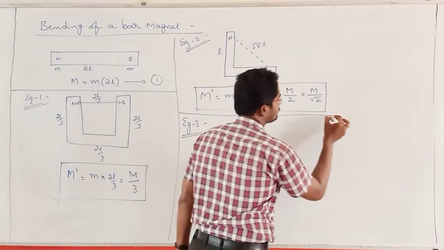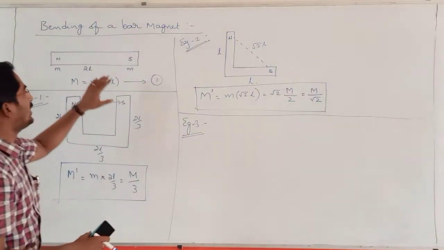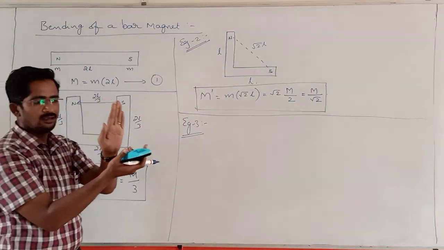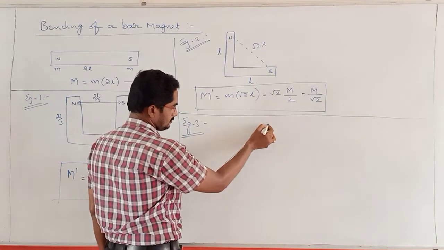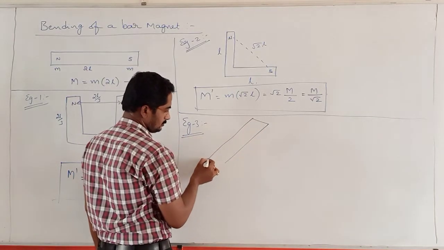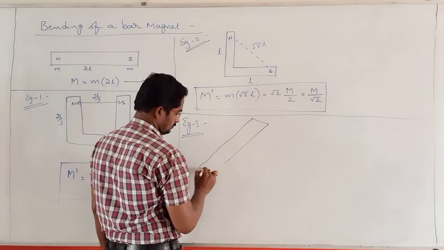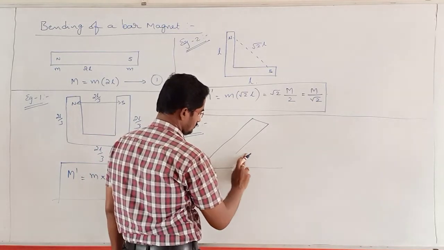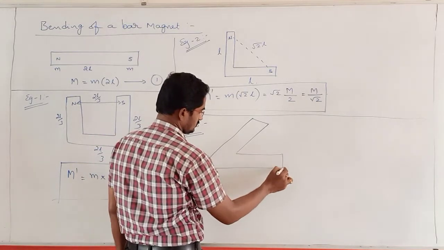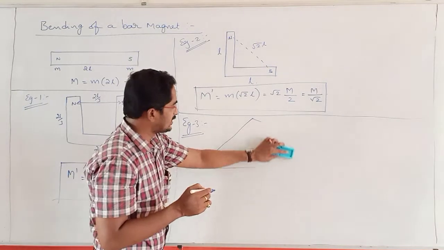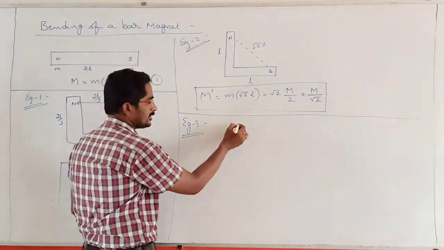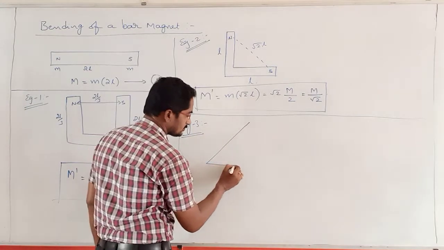Now see. The same magnet we are bending at some angle, like this. Whenever we bend that magnet into this shape, what is its new magnetic moment?